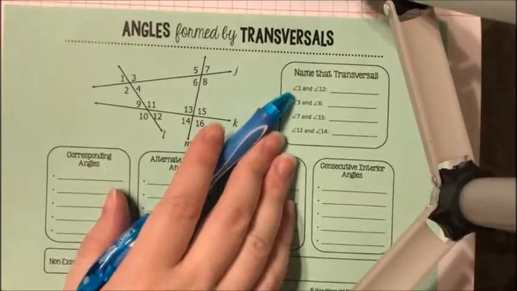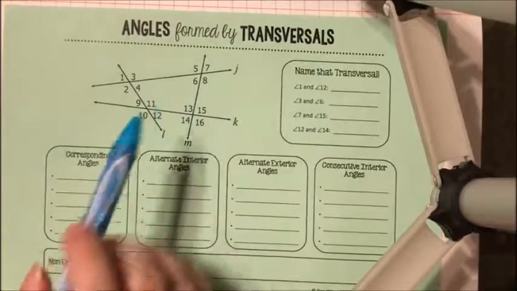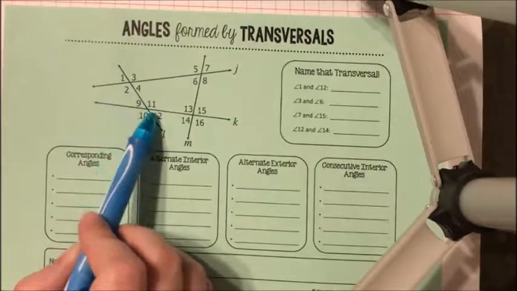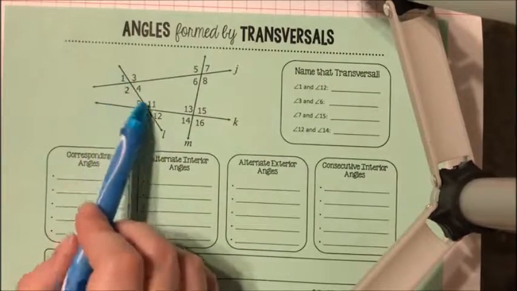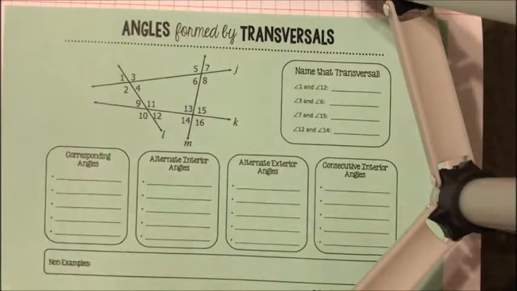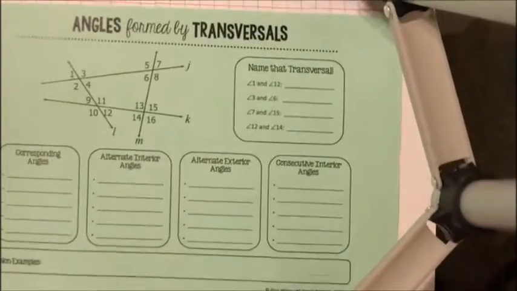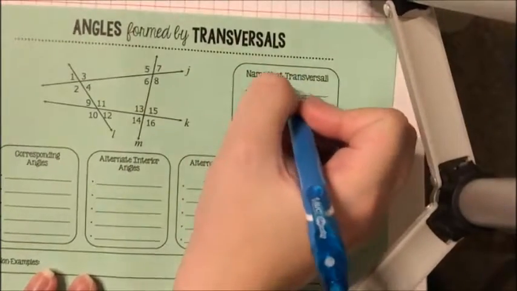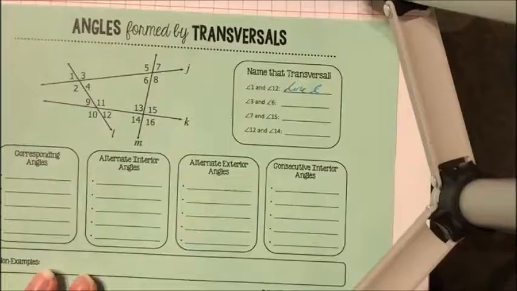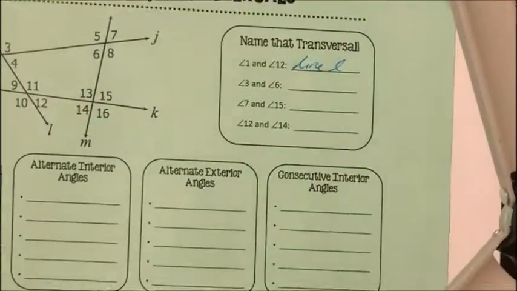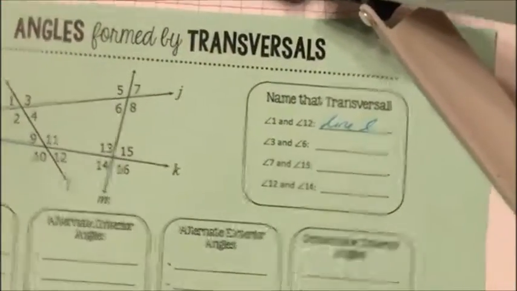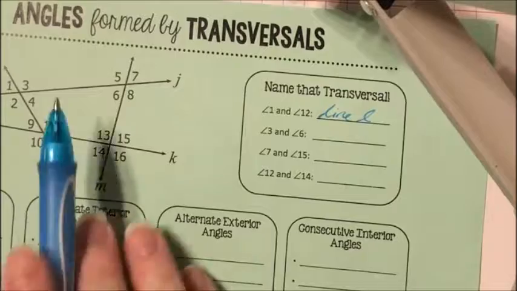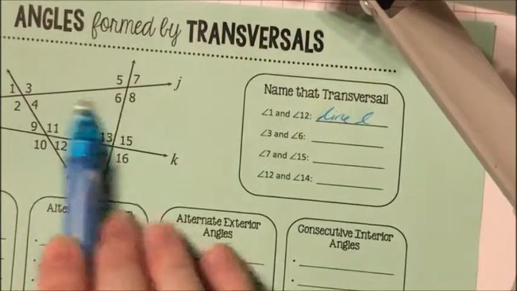It says angle 1 and angle 12. So angle 1's here and angle 12 is here. So the transversal that cuts angle 1 and angle 12 is line L. For angles 3 and 6, here's angle 3, here's angle 6.